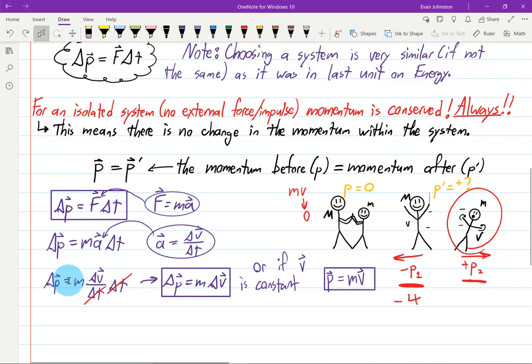Now it's gotten really gnarly looking, but we have our delta p, our change in momentum, equal to the mass times the change in velocity over the change in time, times the change in time. So the times cancel, and we get that the change in momentum is equal to m times the change in velocity. Now, let's say you're driving down 101 on cruise control, and your velocity isn't changing.